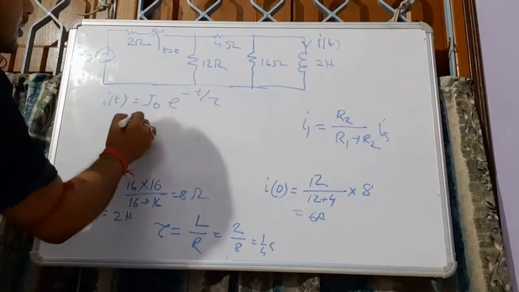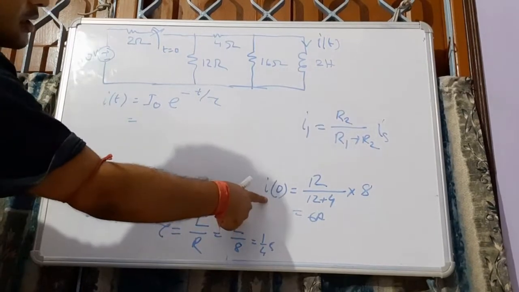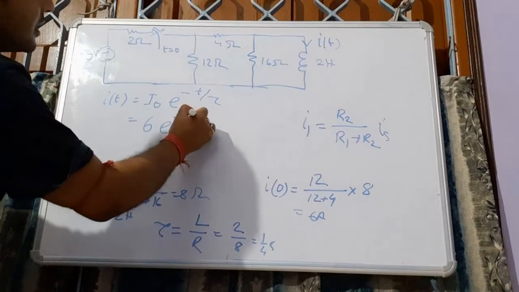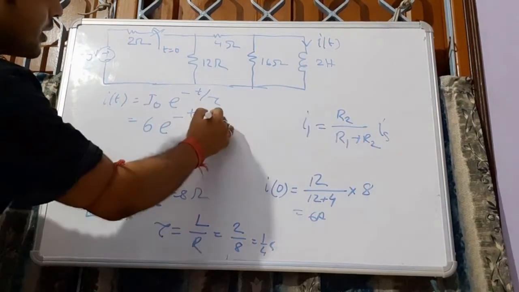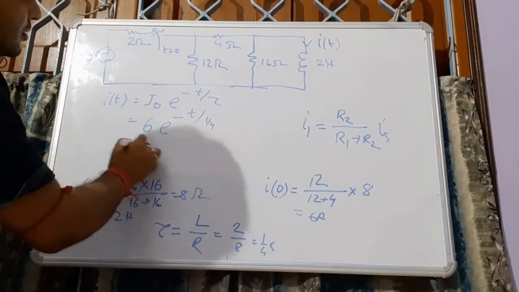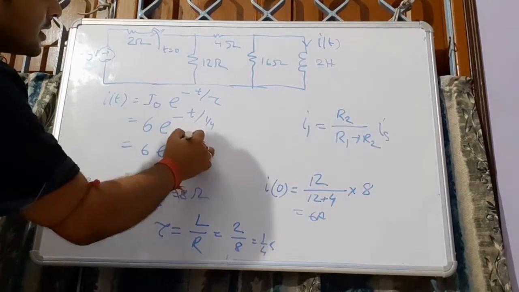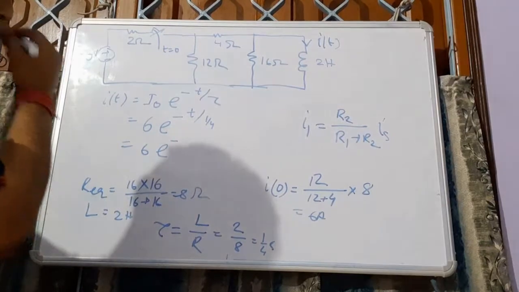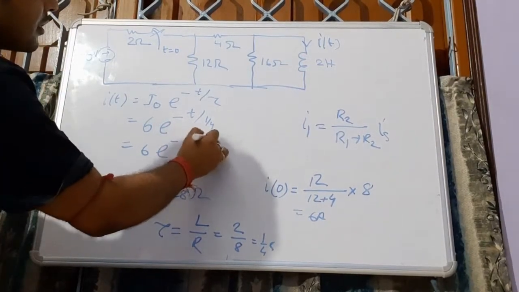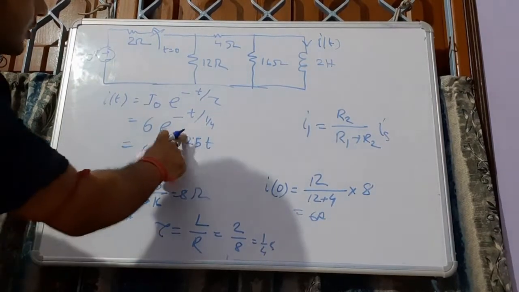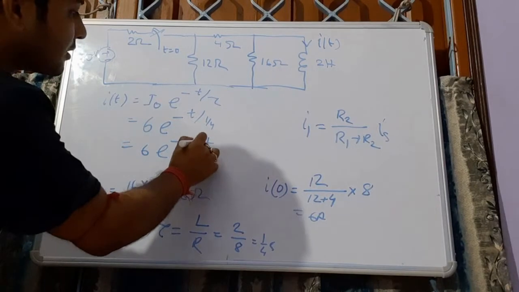So this is the I0, 6 e to the power minus t divided by 1 by 4. So the final answer is 6 e to the power minus 2.5 t, right? No, this is 40. Okay.